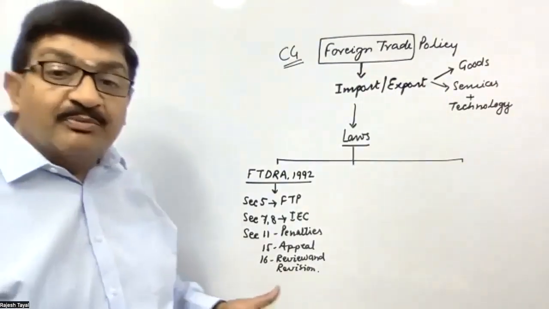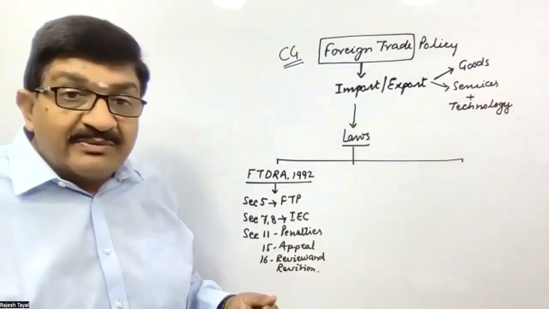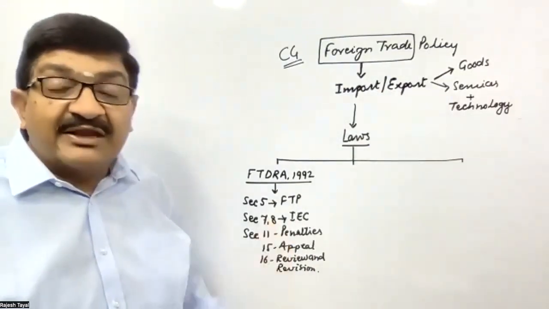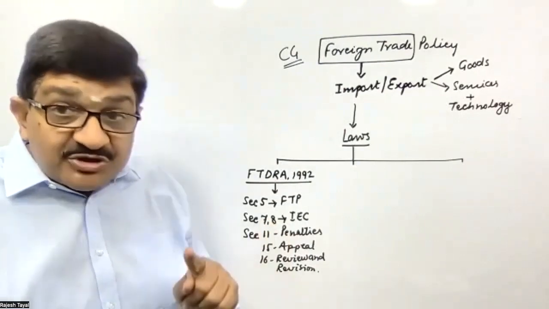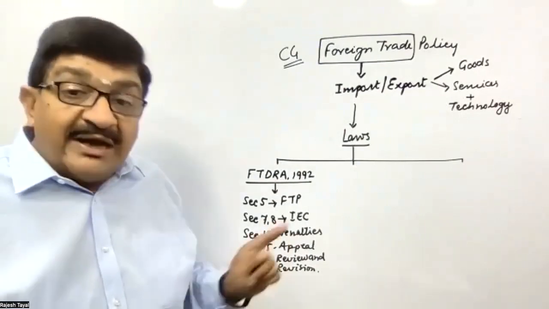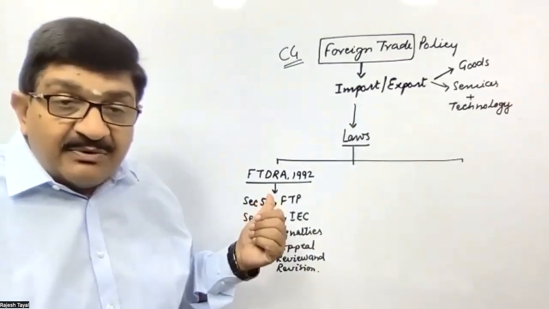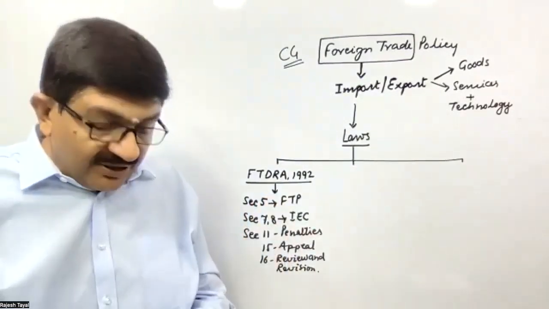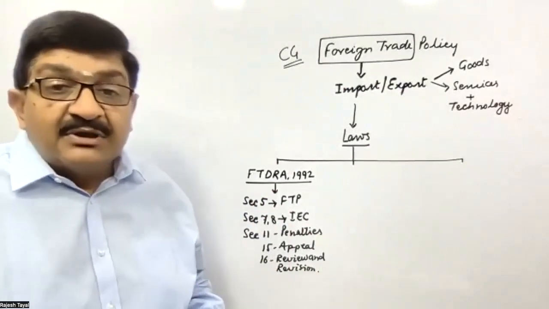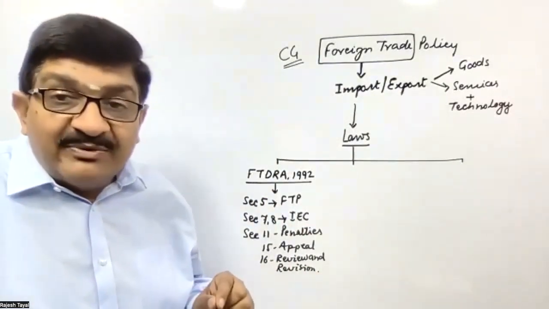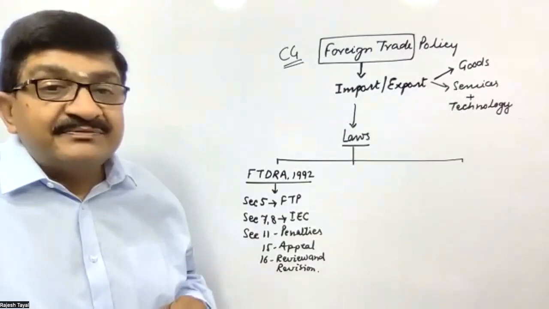Every person who's willing to import export the goods commercially, he is required to have the importer exporter code number as per section 7 and 8. Commercial import and export. And under section 8, due to violation of the provisions of the FTDRA or the terms and conditions of the authorization given, the importer exporter code number can be suspended or can be cancelled.